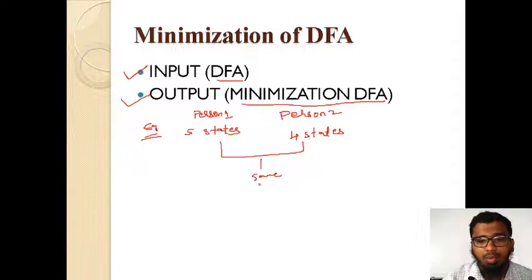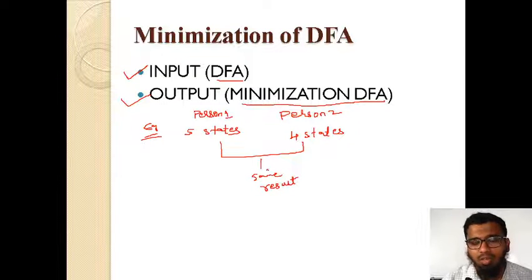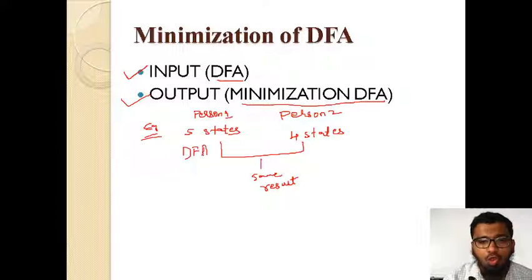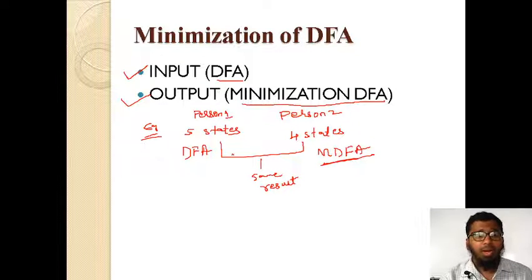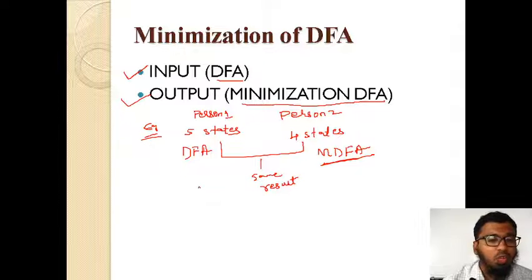In simple words, if you are doing it in 5 states in a DFA, you can minimize it to an MDFA, a minimized DFA. But this also depends on conditions.